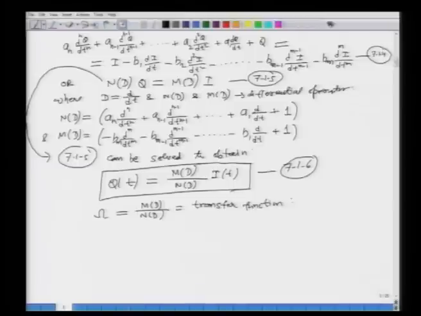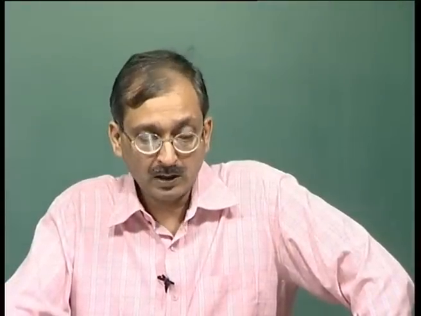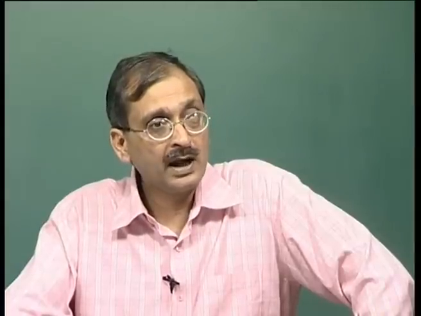One important note I would like to make here is that this is a lumped model. Lumped means what? We have seen earlier in the classification of models the difference between a distributed and a lumped model. In a lumped model, you are not accounting for the variations of your variables with respect to space. You are accounting for the variation of the variables with respect to time only.